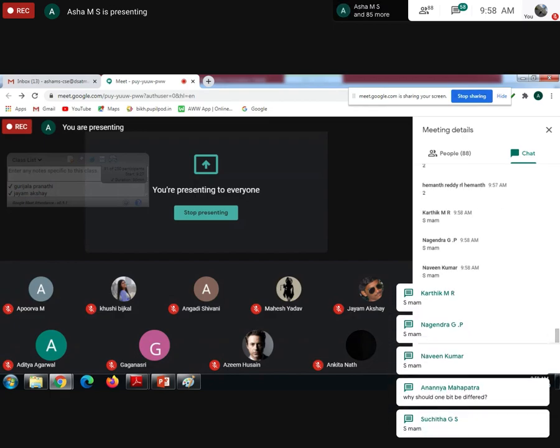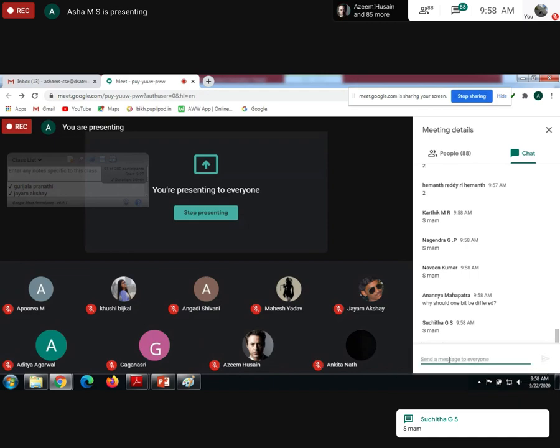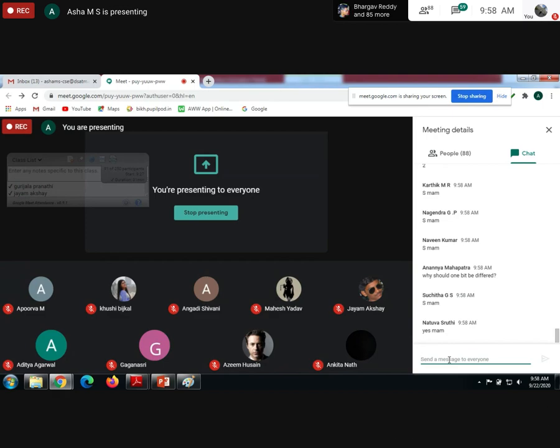Why should one bit be different? Previously I showed an example, right? How do you minimize the minimal product? See, A bar B bar C plus A bar B bar C bar means you are going to take A bar B bar common. So when you have C plus C bar, it will become 1. That is the way we are going to minimize. The same thing we are going to obtain from the K-map.